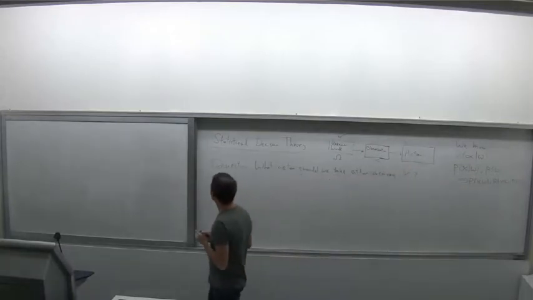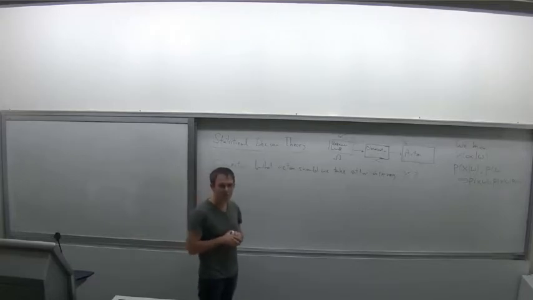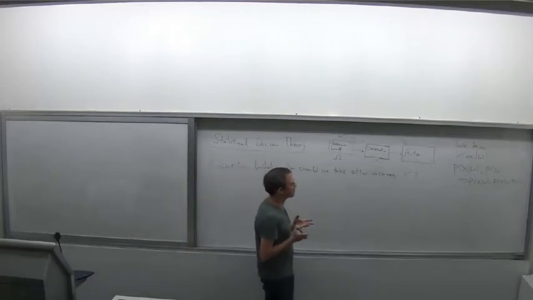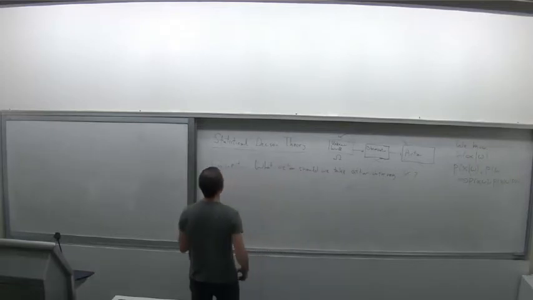Basically what we're looking for is what's sometimes called a decision rule. So it's a function from what to what? From observations to actions, right?